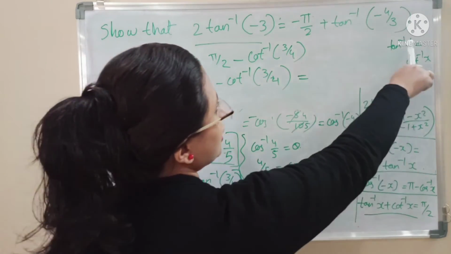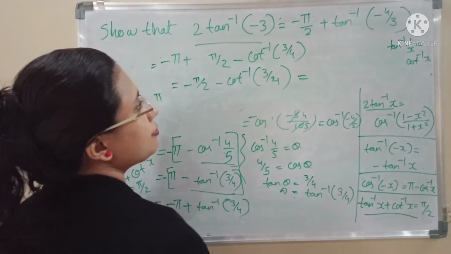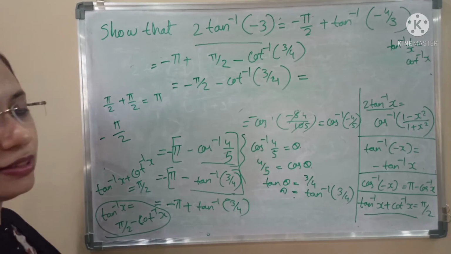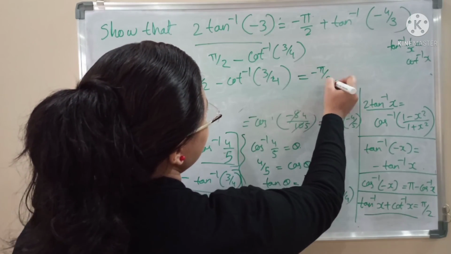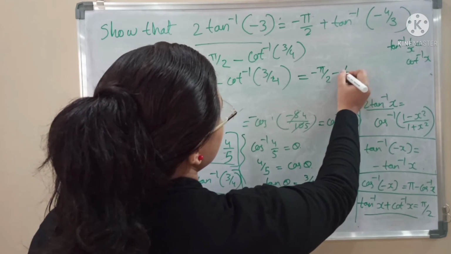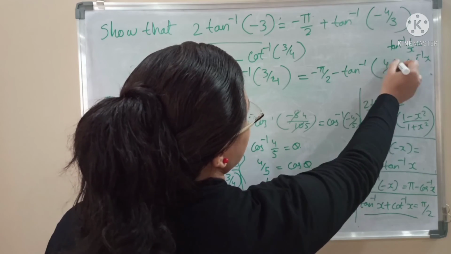That means if we take the reciprocal of this value, we will get the tan inverse value. So that is minus pi by 2 minus tan inverse of 4 by 3.